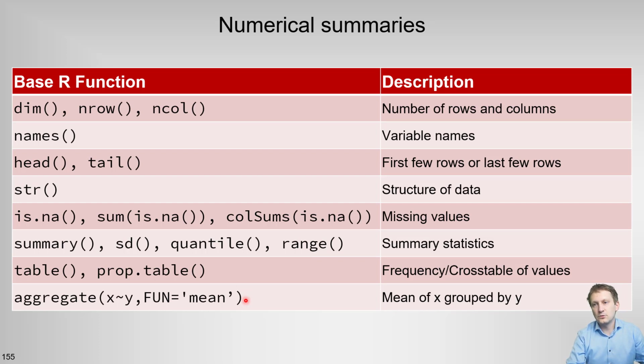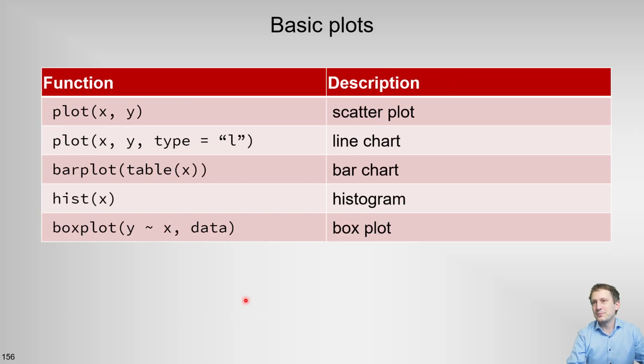So that already helps you for some very basic exploration of a data set. And then some basic plots. For the most part, it would be the plot function for scatter plot or line chart, barplot if you want to visualize a frequency table, hist for histogram, and boxplot for box plot.